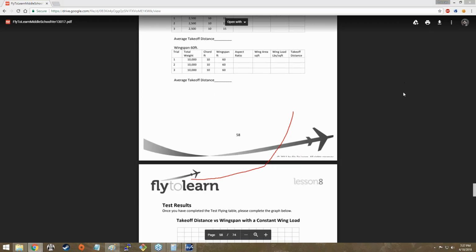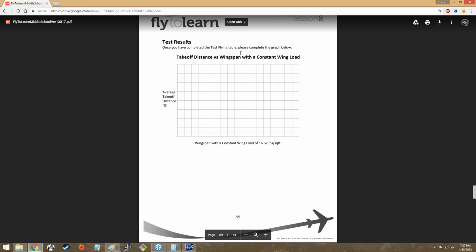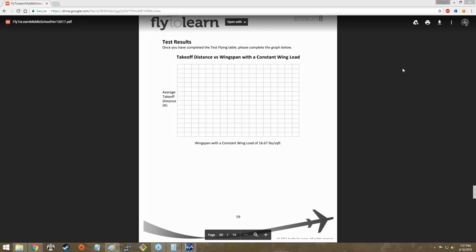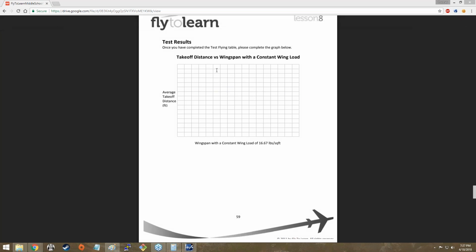However, if there were a constant wing load, we'd be looking at a flat takeoff distance, as in there wouldn't be a change in the takeoff distance.